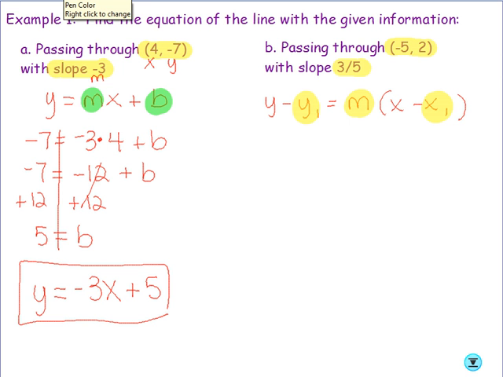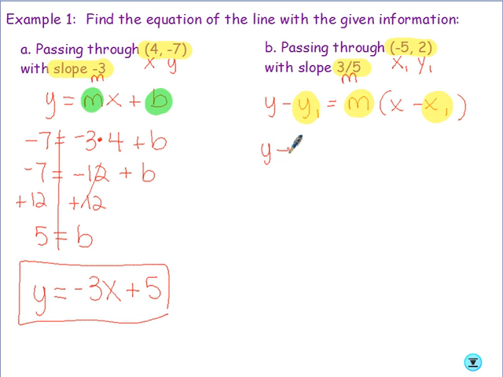As we already know, slope is always m. And again, when I give you a point, I give you an x and a y. In this case, we're going to label them x1 and y1. So we're going to plug those three things in the equation where they go.